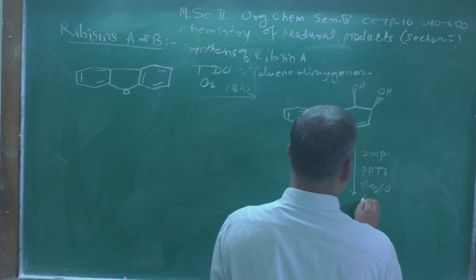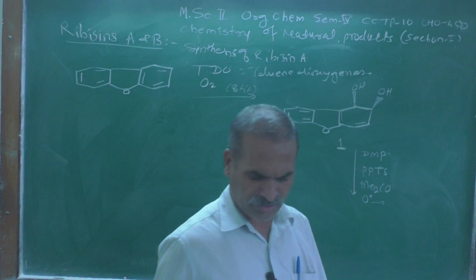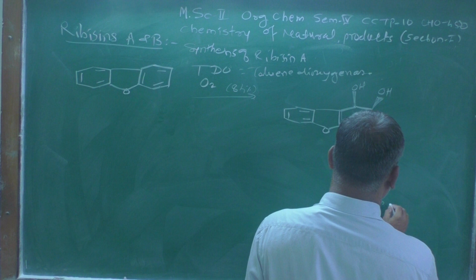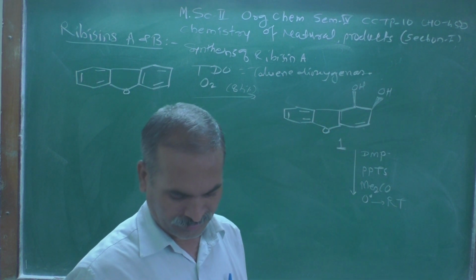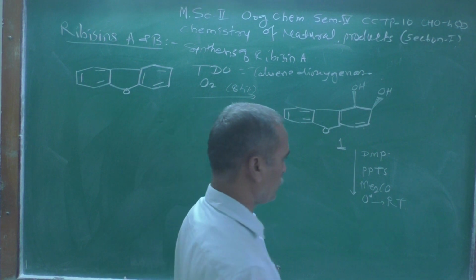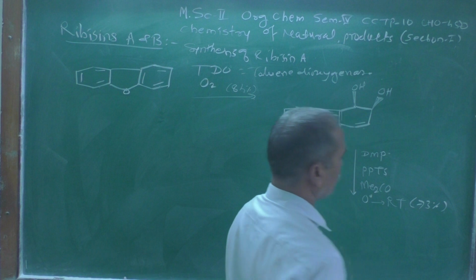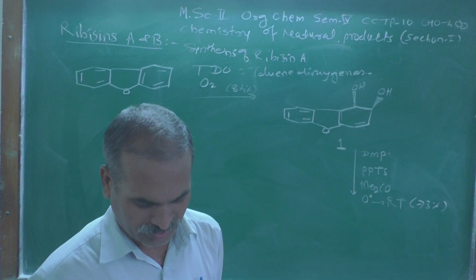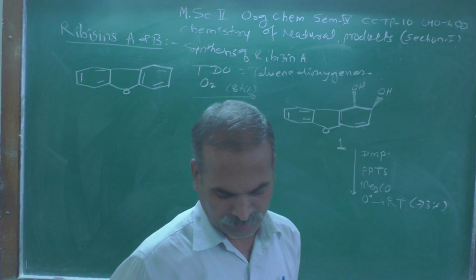The temperature is kept at 0 degrees centigrade to room temperature, and the yield is 73%, a very high yield compound we are getting by adding all these things specifically.